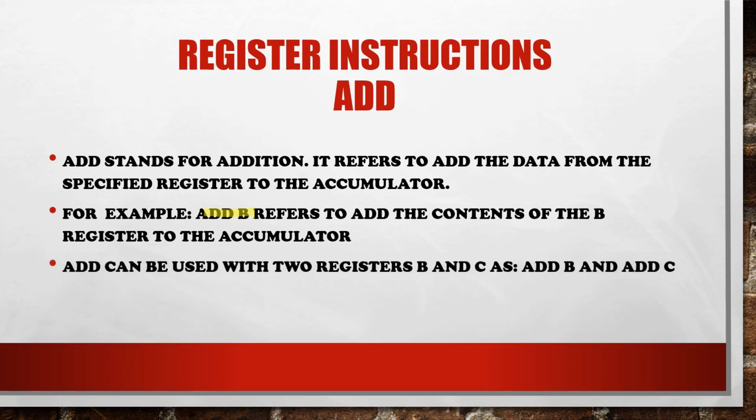ADD can be used with two registers B and C as ADD B and ADD C. Same as ADD B, ADD C refers to add the content of C register to the accumulator. So this much about the ADD register instruction.